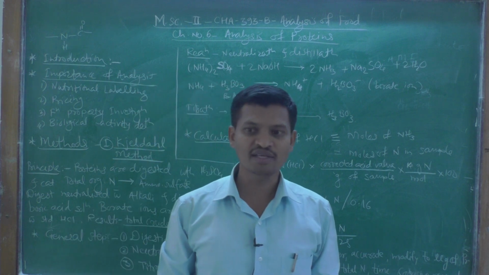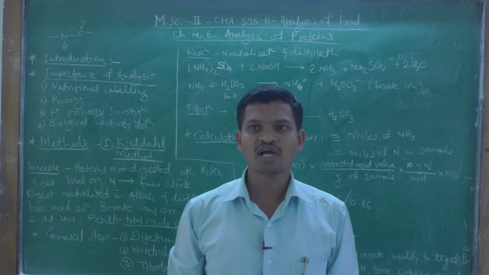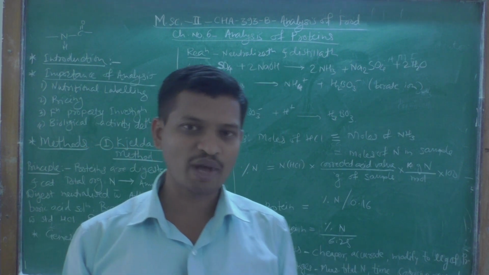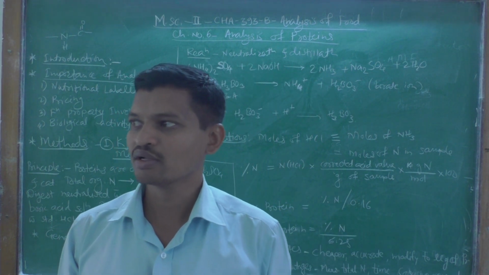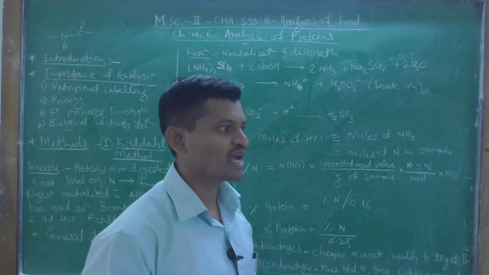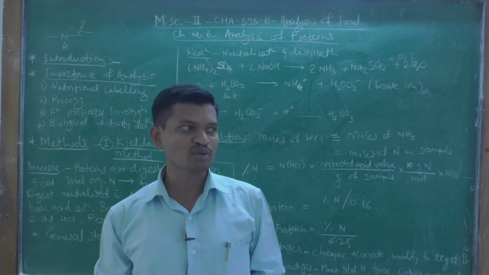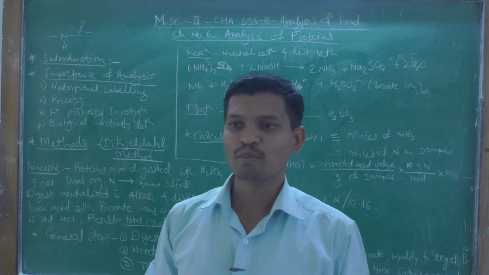All these amino acids are the building blocks of proteins, and these proteins are an essential part of all living organisms, including plants, animals, human beings, microorganisms, etc. Okay, these proteins, as they are organic compounds, consist of carbon, hydrogen, oxygen, nitrogen, and sulfur as the main elements.